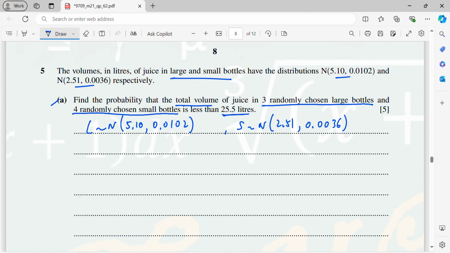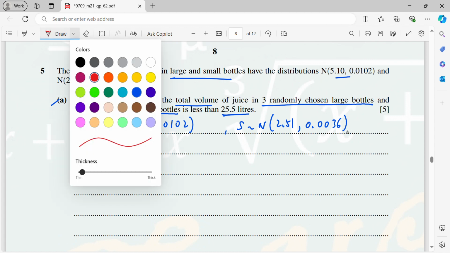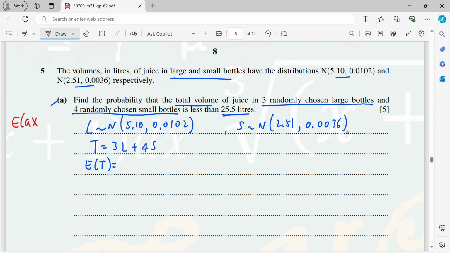So now I need to find T, which is 3 large plus 4 small. I need to calculate the mean and variance. So the mean is E(T), expected T. We have a formula, E(aX + bY) is basically aE(X) plus bE(Y).